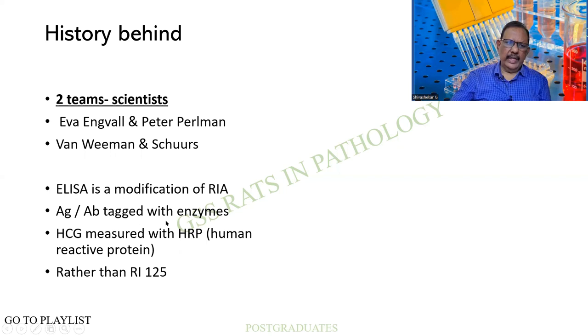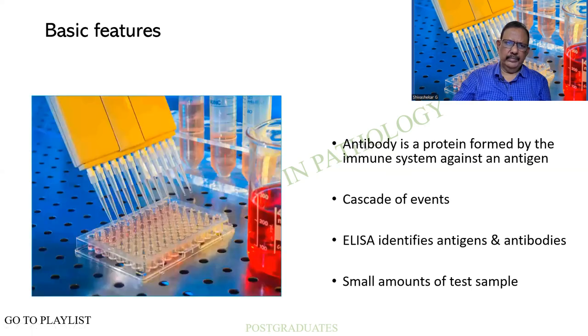So you find that there is an antigen and antibody that is tagged onto a substrate which can be identified, and the entire thing either seen or measured. HCG, for example, is measured with horseradish peroxidase rather than radioiodine 125. What are the basic features of it?